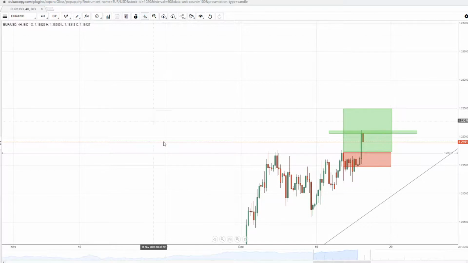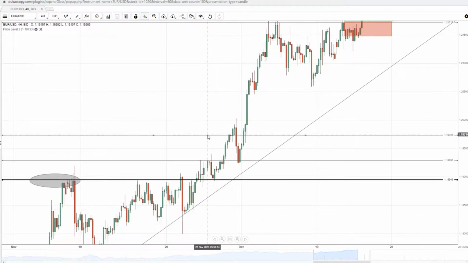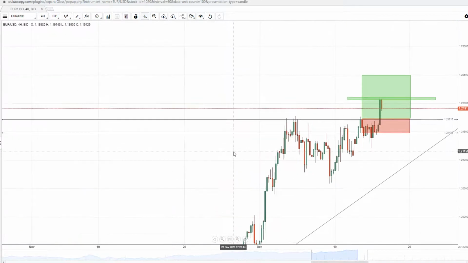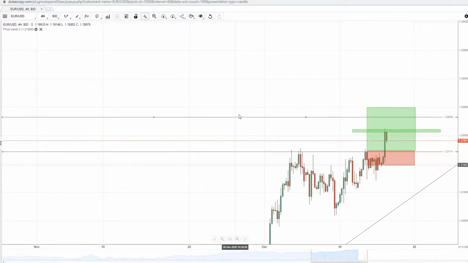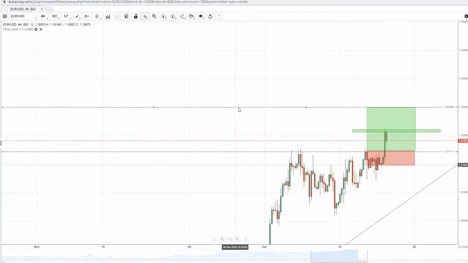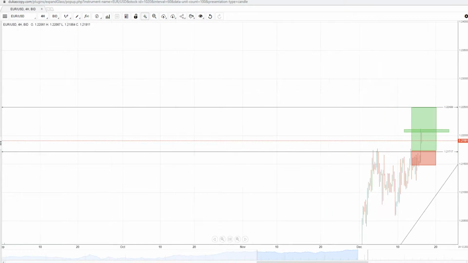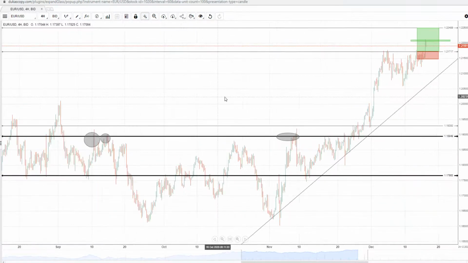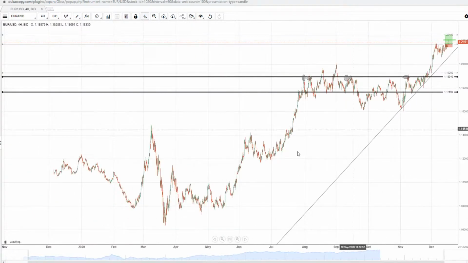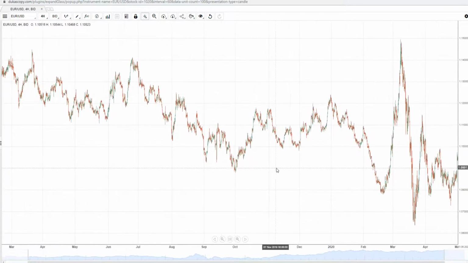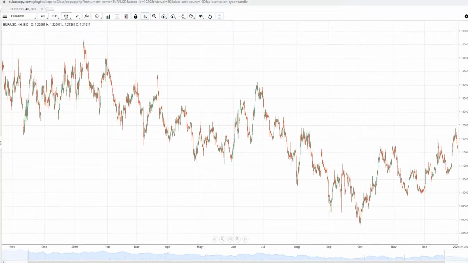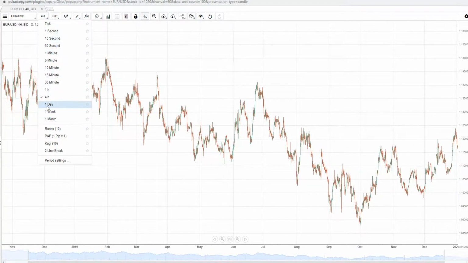But I will not just put stuff like that independently. I will try to see what is in that zone where I will be aiming in the long run. Let me go to the daily time frame.